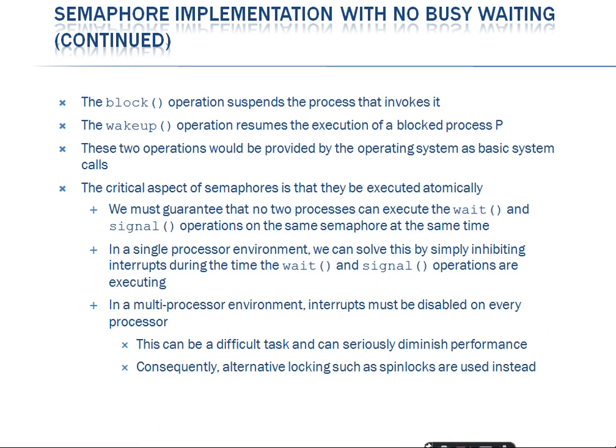Whereas in a multiprocessor environment, interrupts must be disabled on every processor, and this can be a difficult task and can seriously diminish performance. Consequently, alternative locking such as spin locks are used instead of wait and signal here.